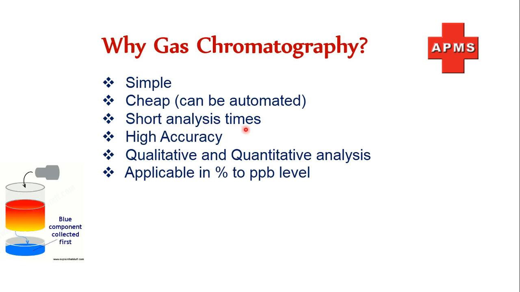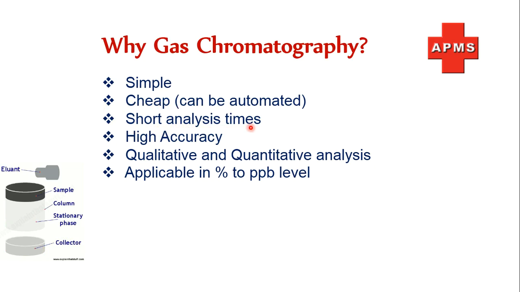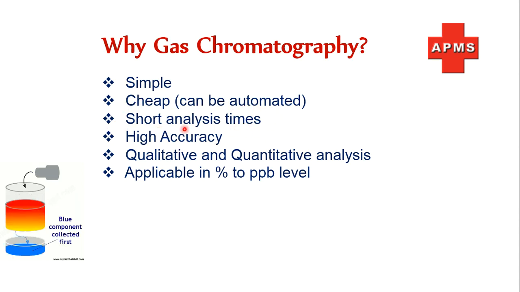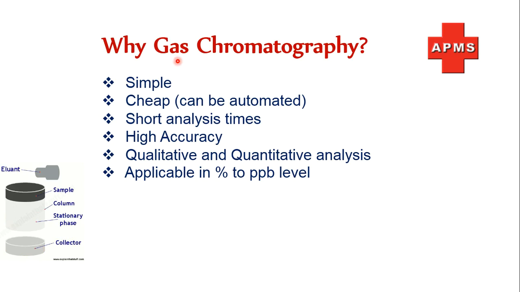So the analysis time is very short, meaning within 2, 3, 5 or 10 minutes we get the final results, meaning which types of compounds are present in our sample and their concentrations in that sample. The analysis time is very short for gas chromatography because the gas mobile phase moves very fast inside the column, because we know that gas molecules travel faster.